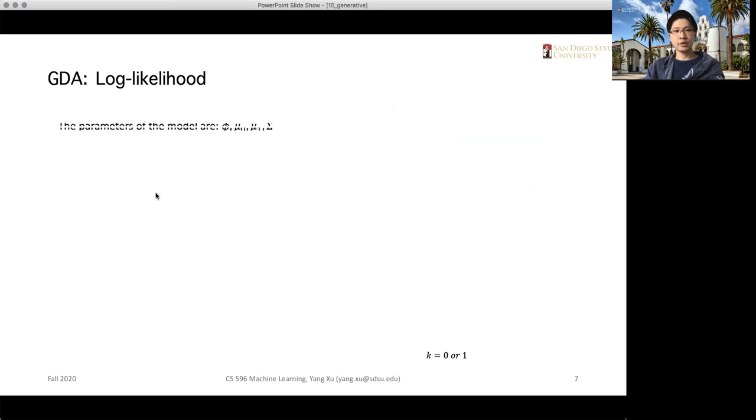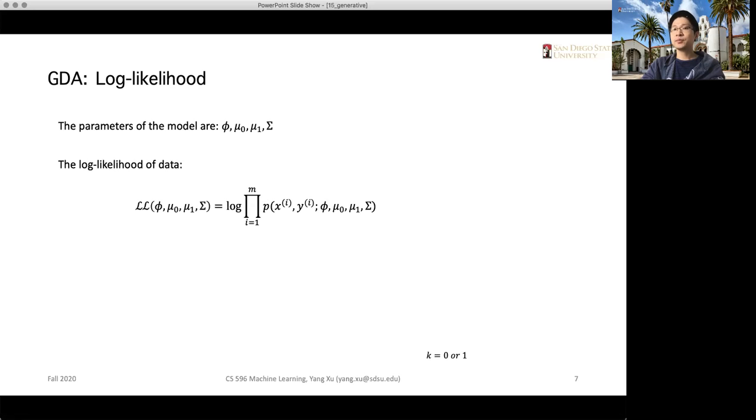So the log likelihood is the logarithm of the likelihood function. And the likelihood function is just the product of the probabilities of all the data points, right? So the log likelihood is the logarithm function applied to this likelihood function. And the likelihood is the product of all the probabilities for all the data points, okay?